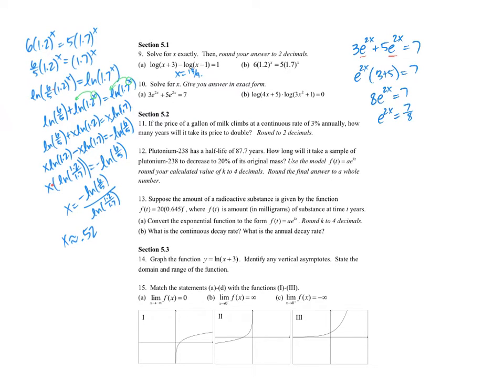And now I can take the natural log of both sides. So if I take the natural log of both sides, I get 2x, because the natural log of e to the something is just that power, equals natural log of 7/8. And then I can divide by 2.